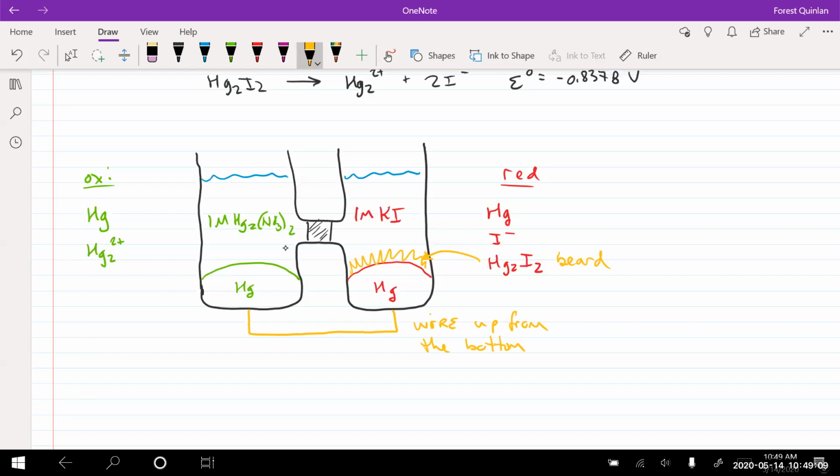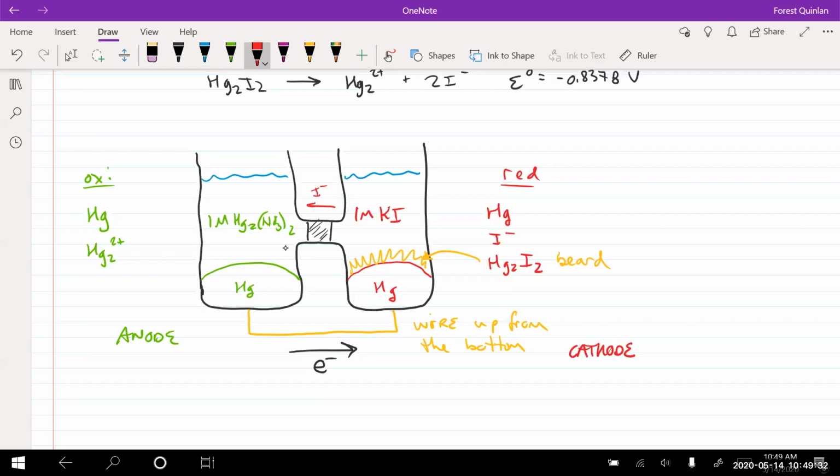Again, the electrons are going to be going this way. We have the anode and we have the cathode, which means our counter ion of like an I minus or something is probably trying to go back the other way.